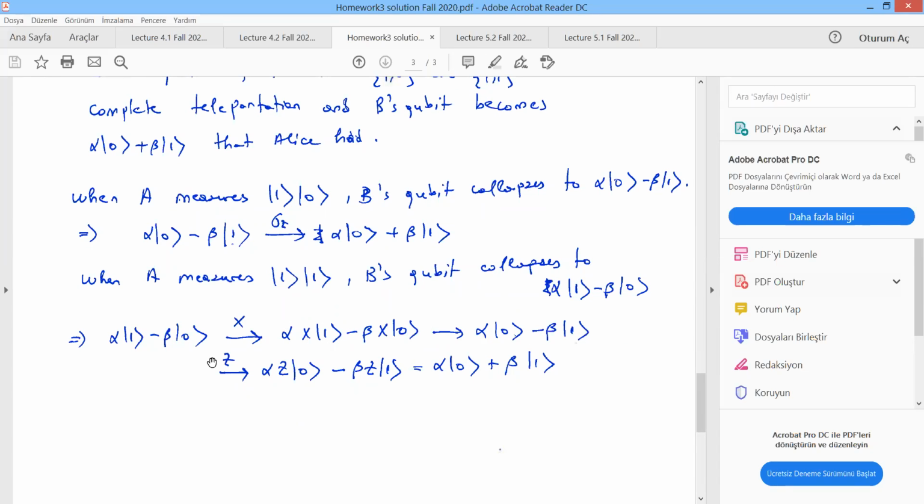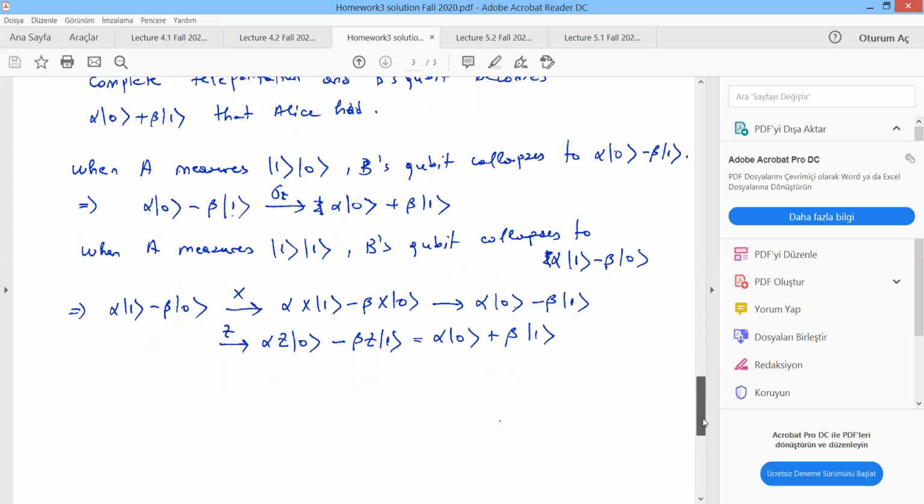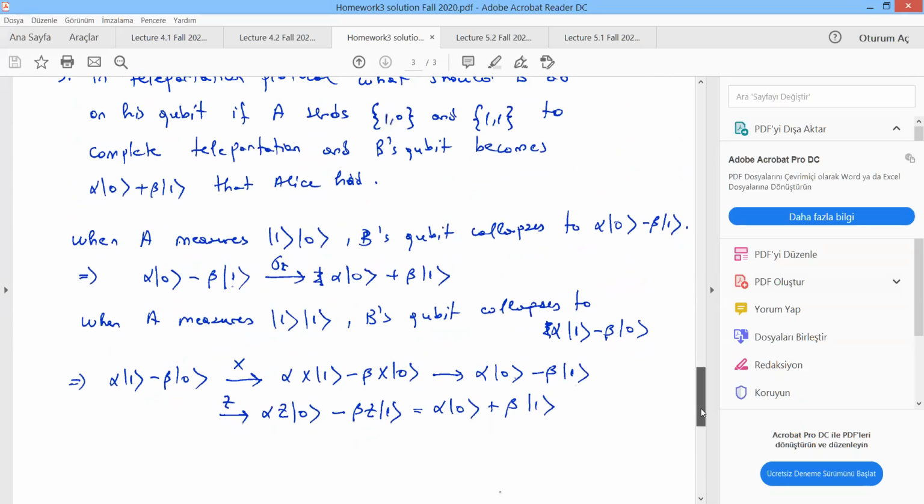And then now we apply Z, right? This becomes alpha Z ket 0 minus beta Z ket 1. And Z does nothing to ket 0, but it changes the sign of ket 1. So this becomes alpha ket 0 plus beta ket 1. So this is what Bob should do in the other 2 cases of the teleportation protocol.